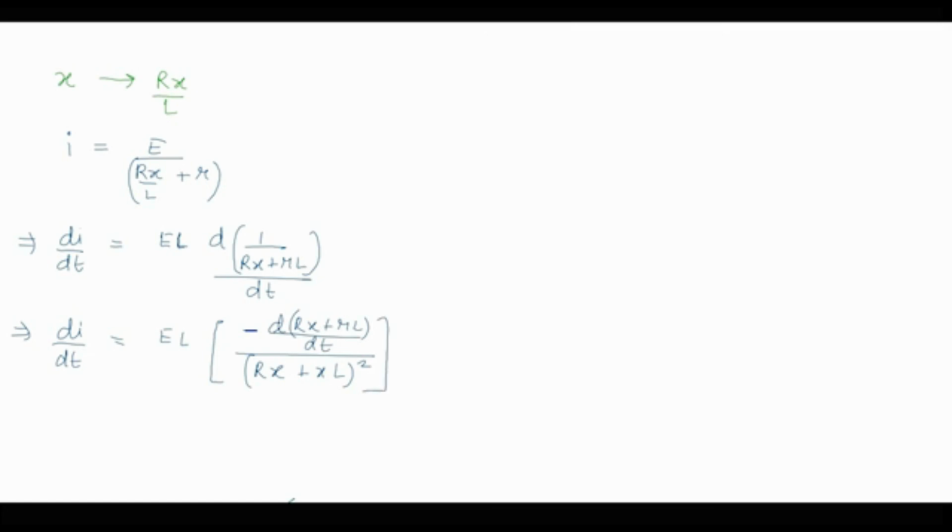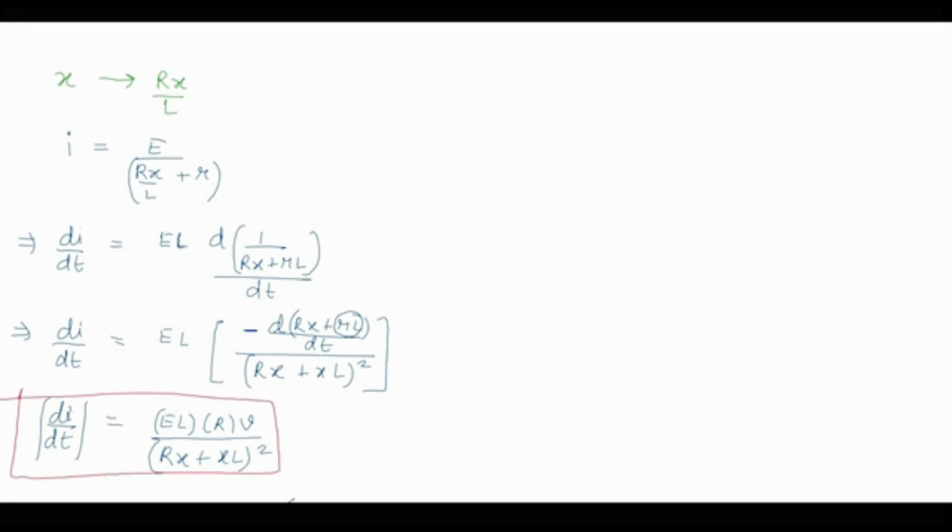From here we obtain E L times R, and dx by dt is written as v, and the derivative of rL with respect to dt becomes 0 because it is constant. We are left with the expression Rx plus rL whole square with a negative sign. Since we are writing the magnitude of di by dt, we omit the negative sign for the time being. So this is the value of di by dt.